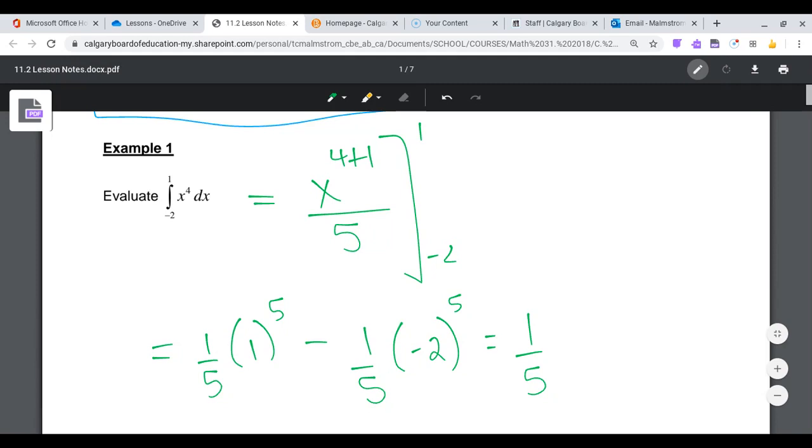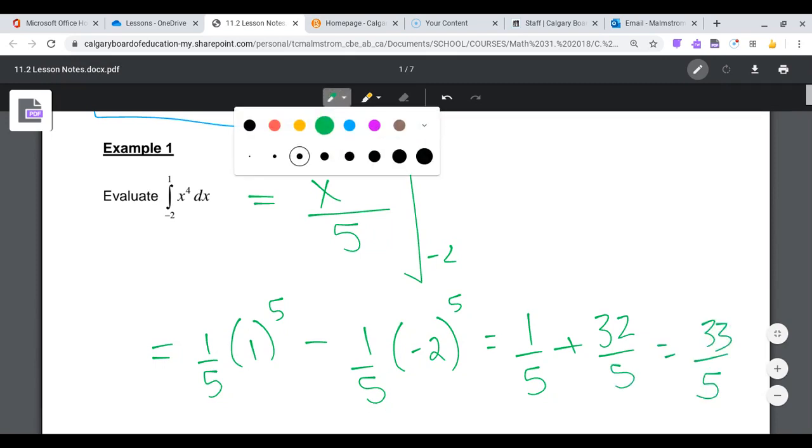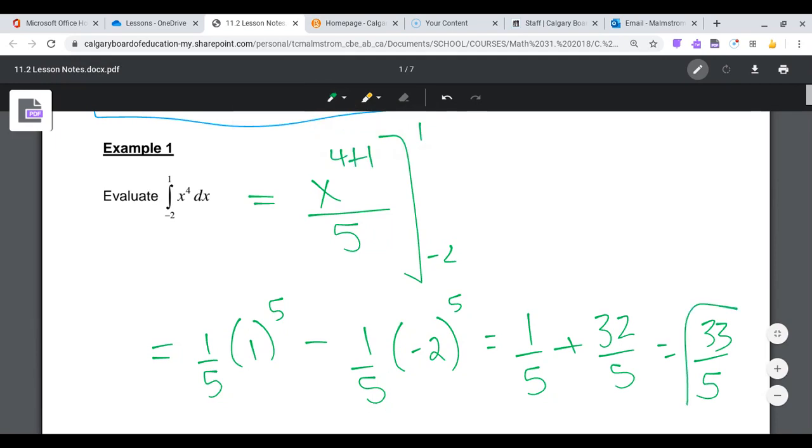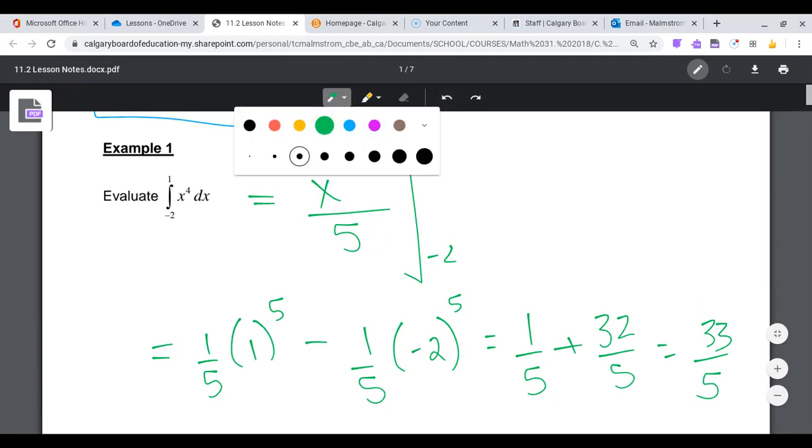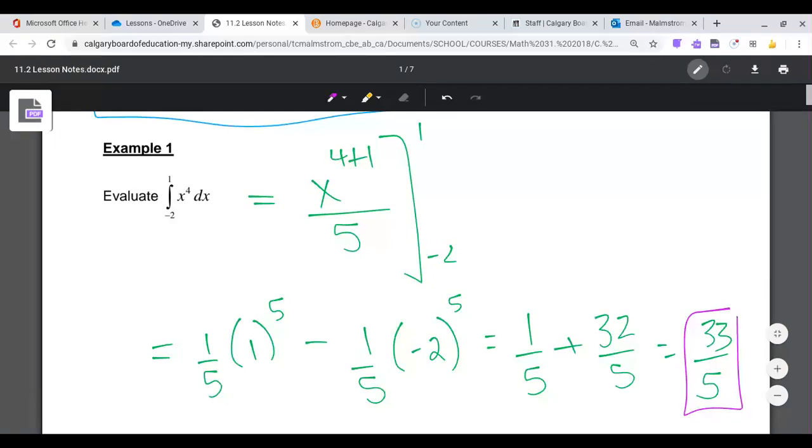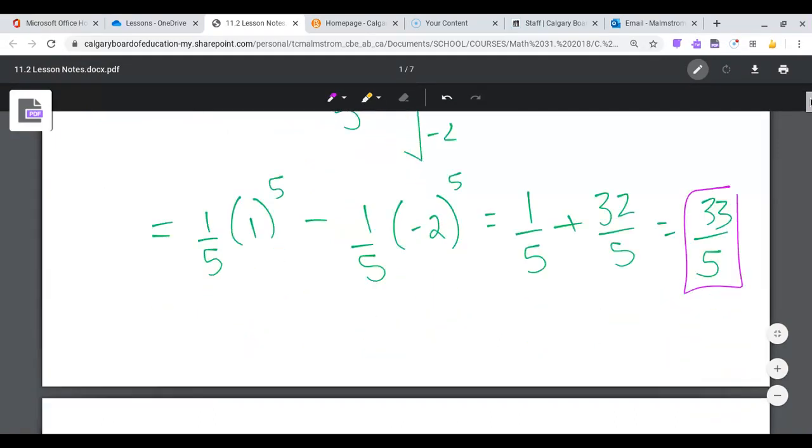It would be -32 because of the odd exponent. So this is going to become a plus 32 on 5, which is equal to 33 on 5. And there's my answer. Whoopsies, I wanted a different color. There we go.